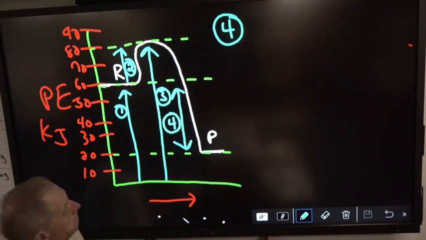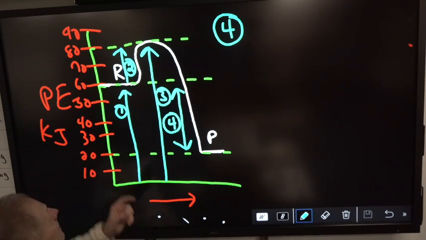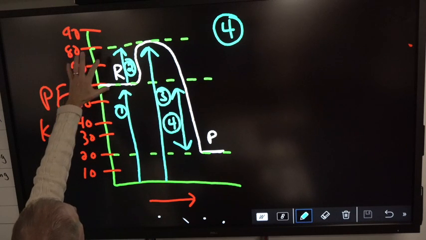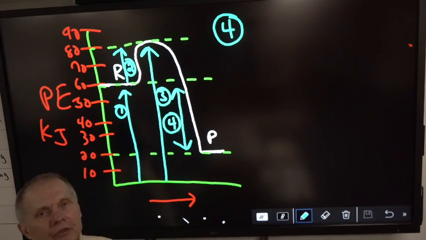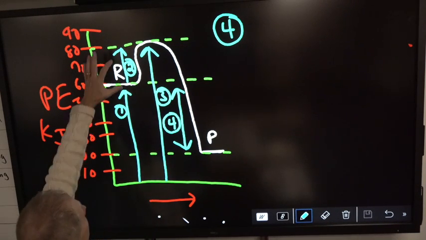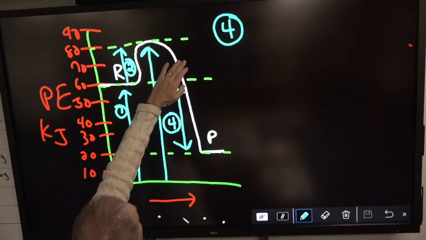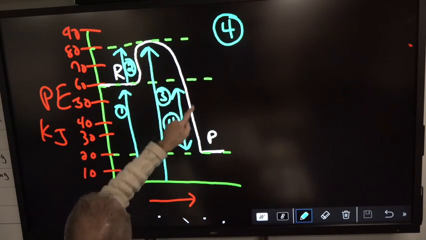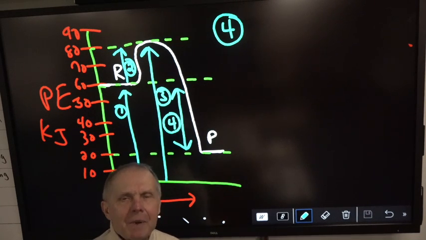Now, you have to understand something about this graph. We put 20 kilojoules of energy in to break the old bonds, okay? That's called activation energy. And we got out from 80 down to 20. We got out 60. But you got to remember something.